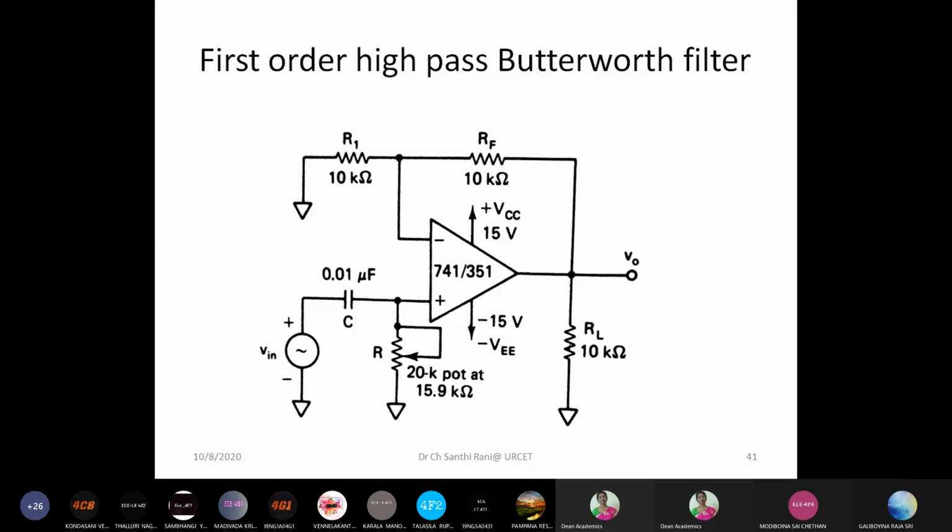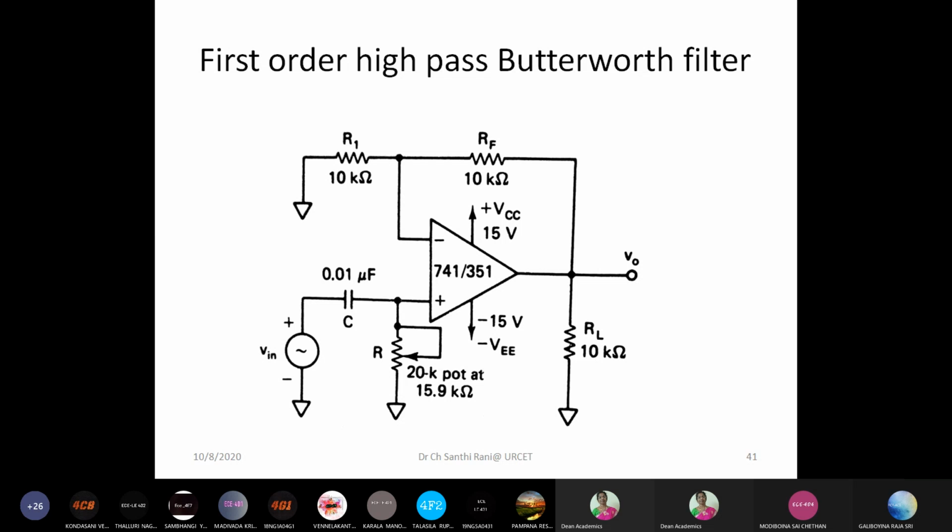I told you already why we are taking the Butterworth response. First, it is easy to design, and its properties are a flat pass band and a flat stop band. This is the practical filter that we are considering in our discussions, right? That means we are designing only Butterworth filters.